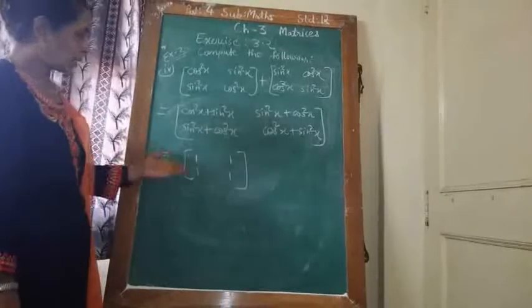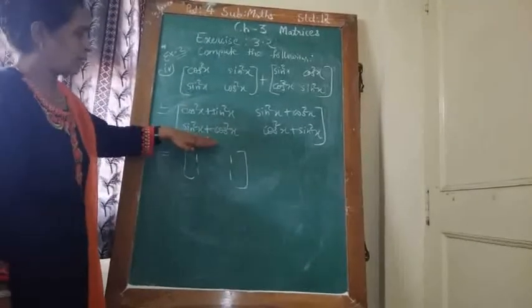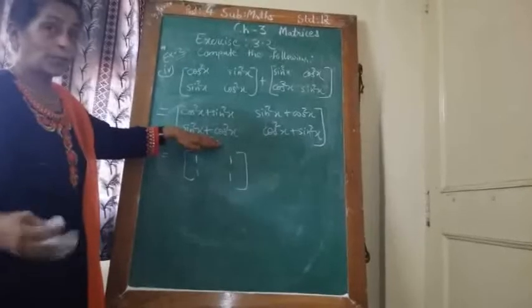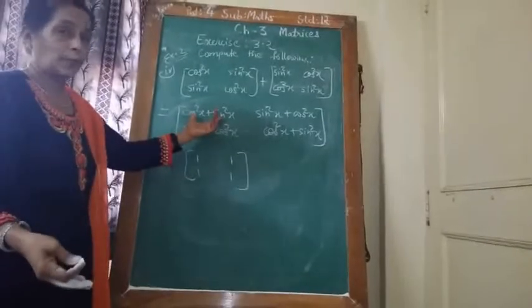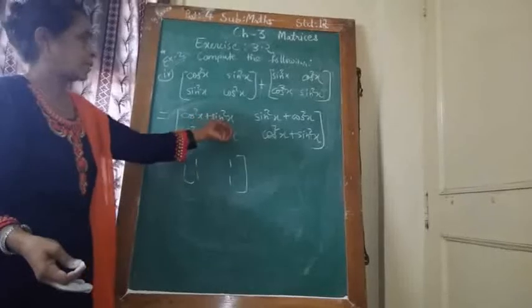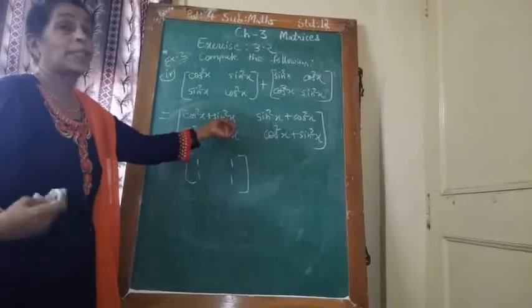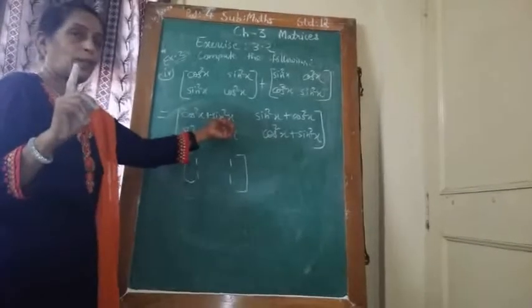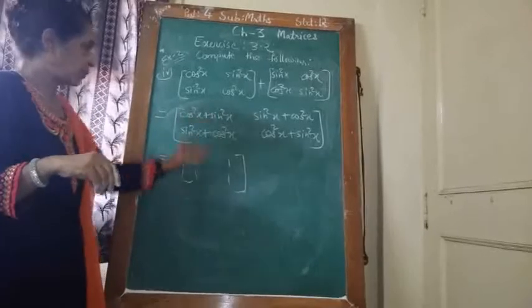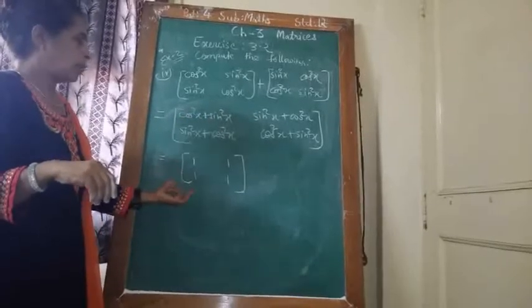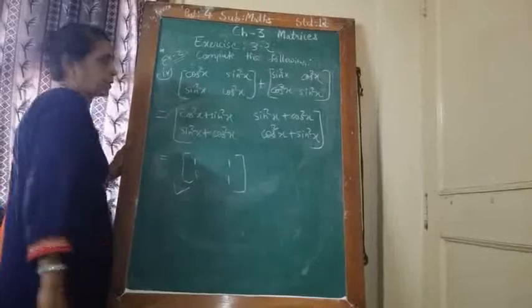Here the answer is 1. Some students may do it like this. They don't utilize that this is an identity in trigonometry. We have learned cos square x plus sin square x, cos square theta plus sin square theta. So better to put the value of this expression. Okay, so the final answer is this.